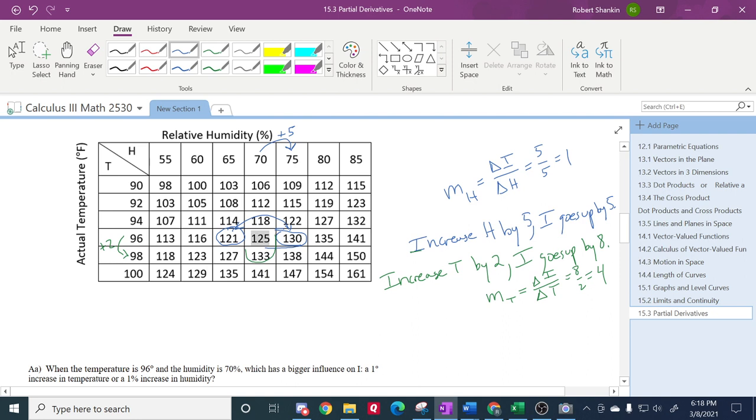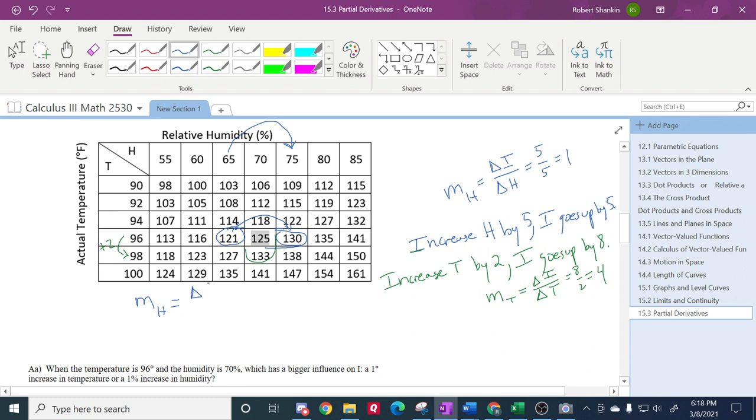And that's going from, let's erase up here, that's going from here to here. Now that's changing the humidity, the slope when you're doing humidity.